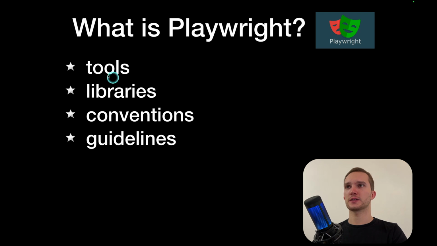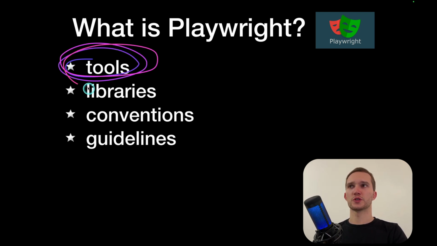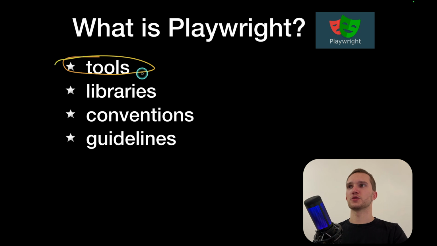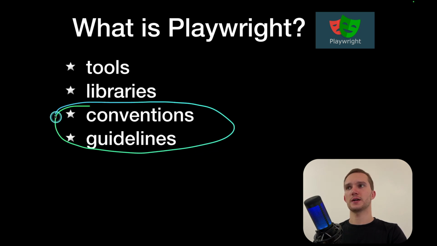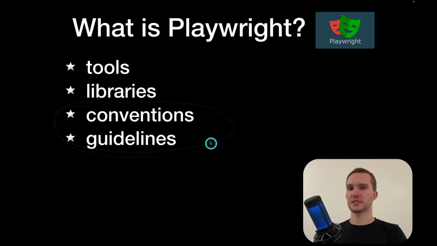So Playwright consists of some tools like recorders, element selectors, debuggers, like tools for running tests. Then Playwright has some libraries for assertions, for finding elements, locators, etc.